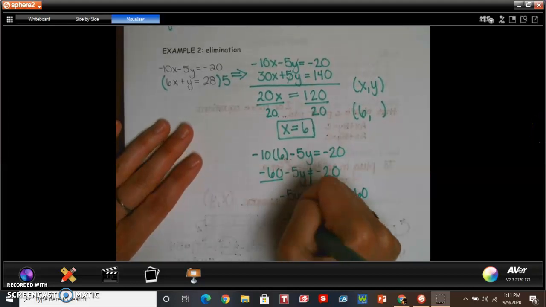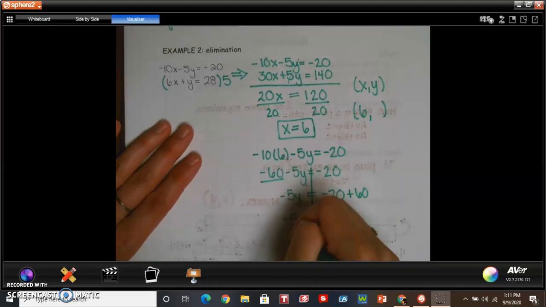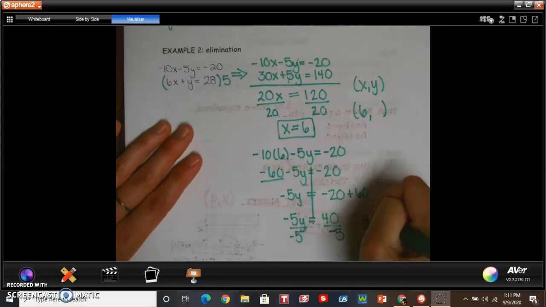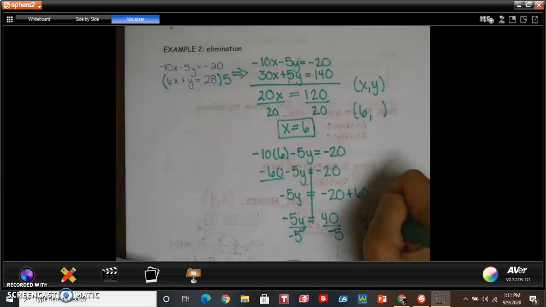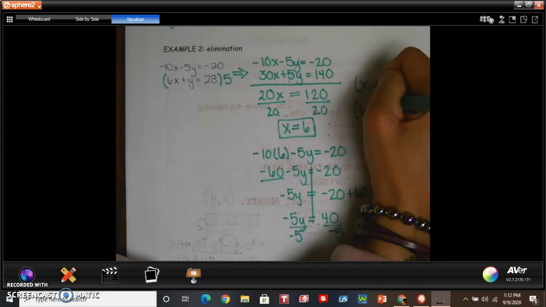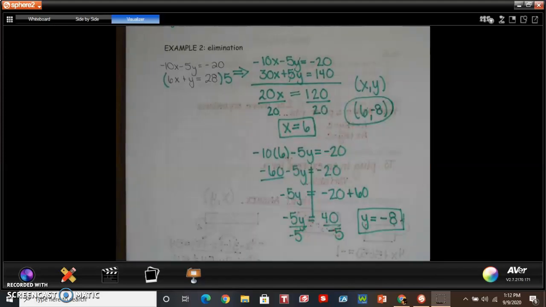So we have negative 5y equals 40, divided by negative 5, and we get y equals negative 8. So this right here is our final answer: parentheses 6 comma negative 8, close your parentheses. Remember, no spaces.